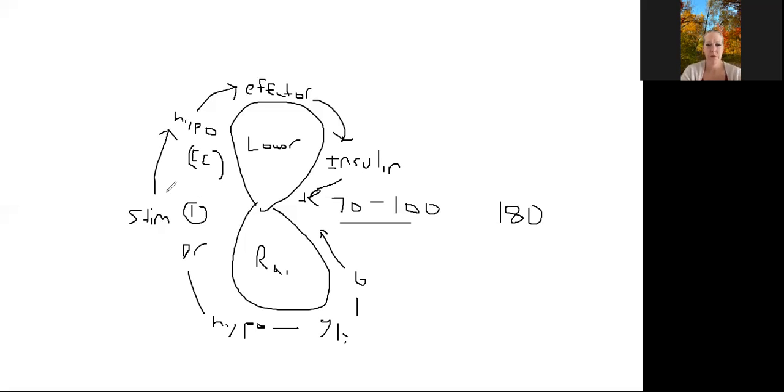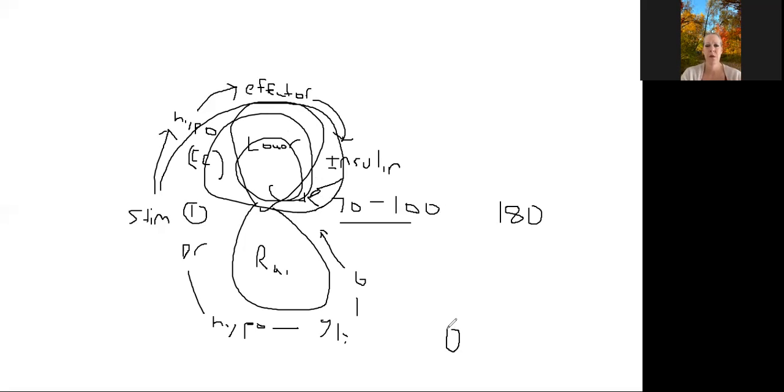This is going to cost your body more time and energy to get around the cycle, because when you get back to here, you're not going to be right at your set point. You have to go around again and again and again. So if you're having too much insulin, your cycle is going to be something like this instead of the normal figure 8 model, if that makes sense.